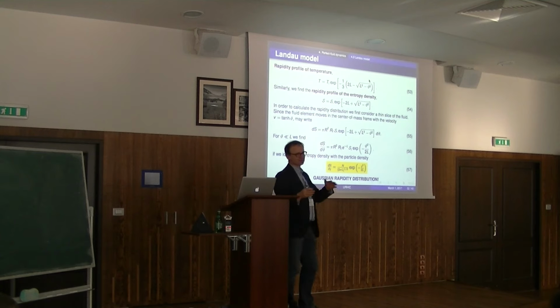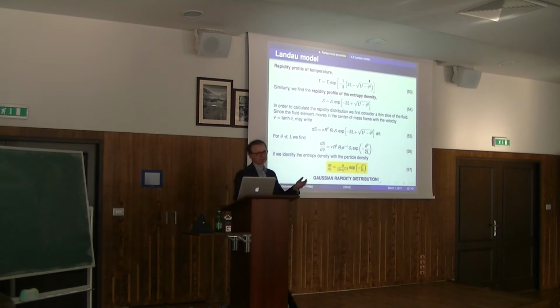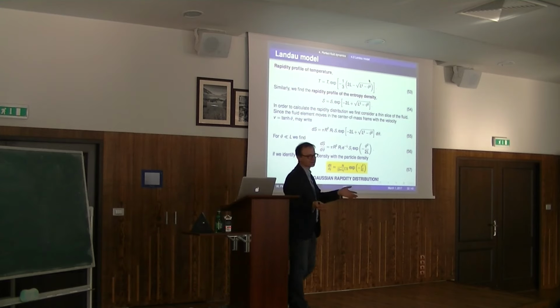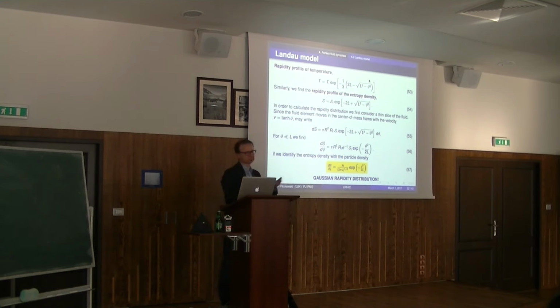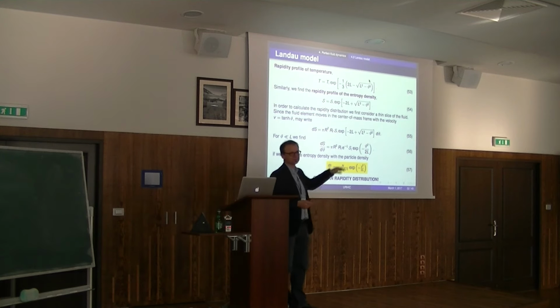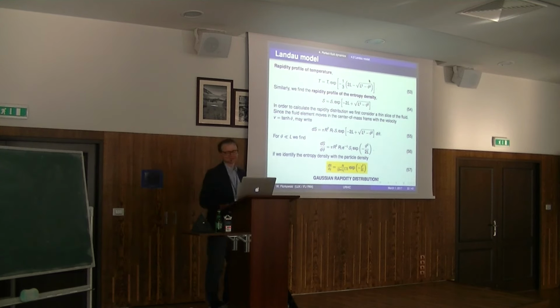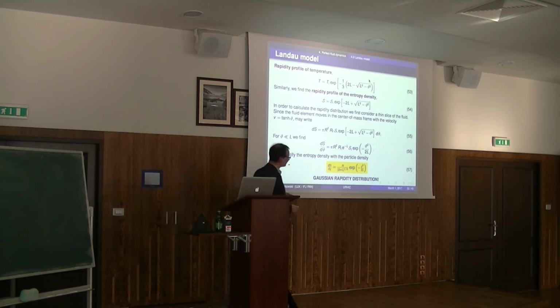If you look at the data from RHIC and you look at the rapidity distribution of pions, of course you have very beautiful Gaussian distributions of pions, and also at the LHC. So these Gaussian distributions are quite popular, and they seem to be quite universal for the rapidity distribution. So many people think that the Landau model is, how do we say, forever or something like this.